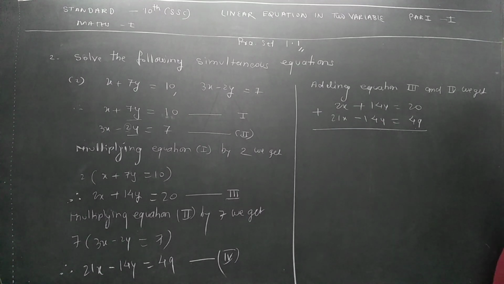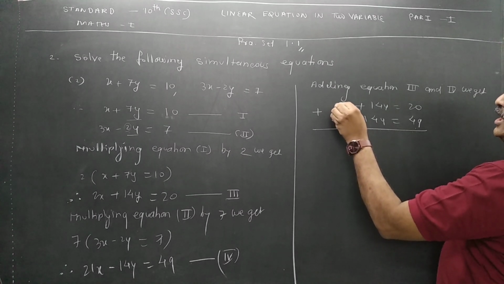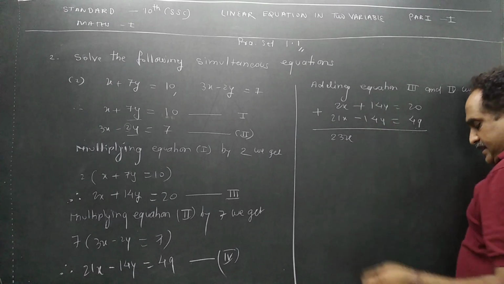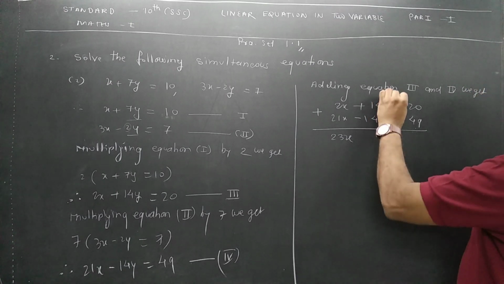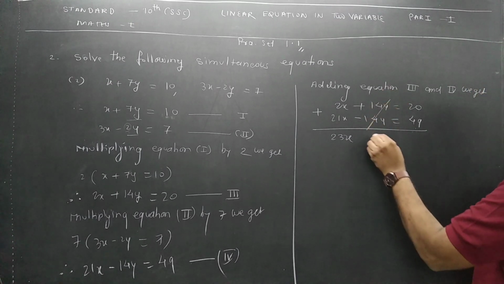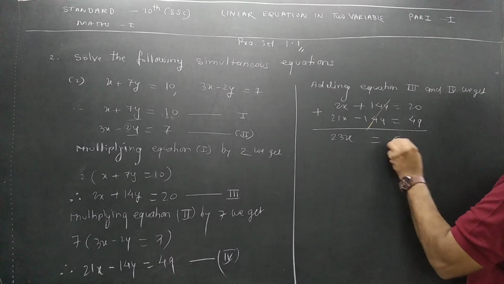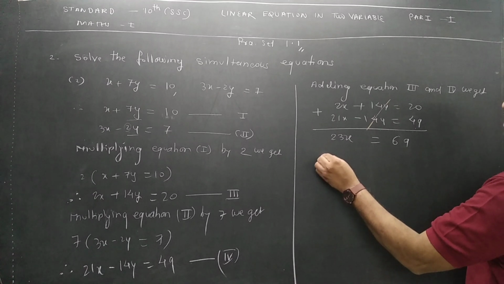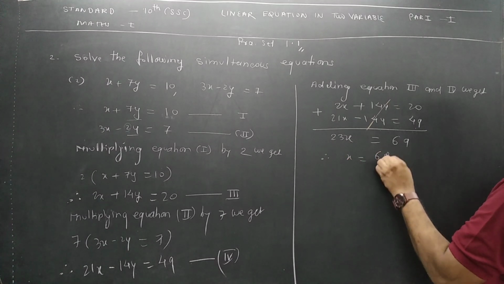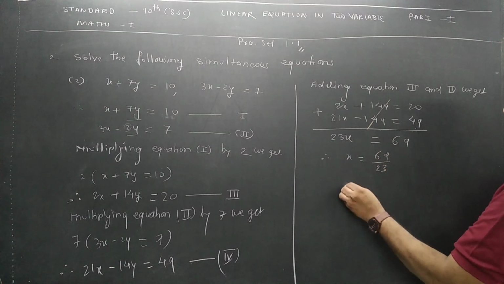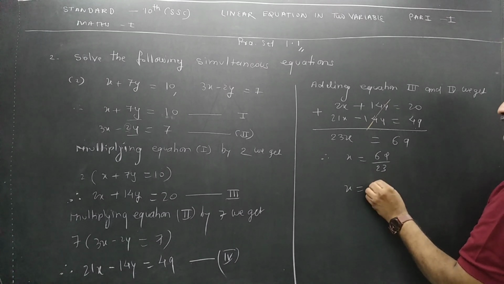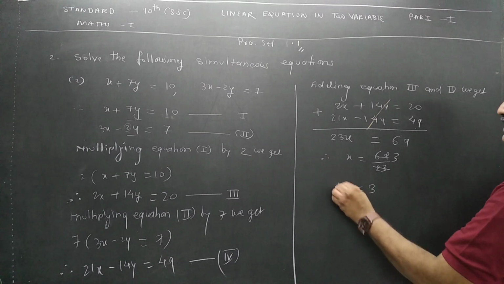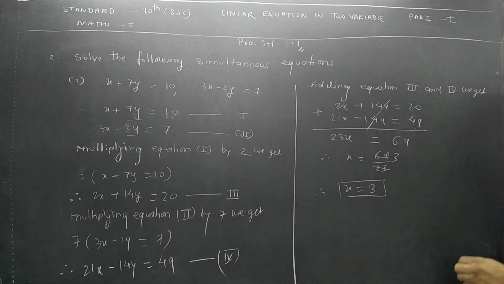So 2x plus 21x is 23x. This part gets cancelled, and what I am going to get is 69. Have you understood this? So x is equal to 69 upon 23, and 23 threes are 69. So x is equal to 3. Have you understood this now?